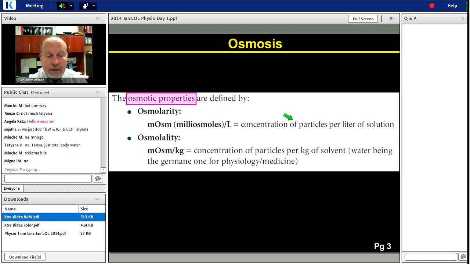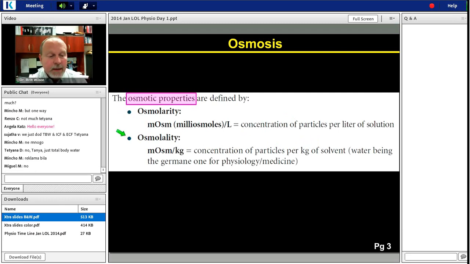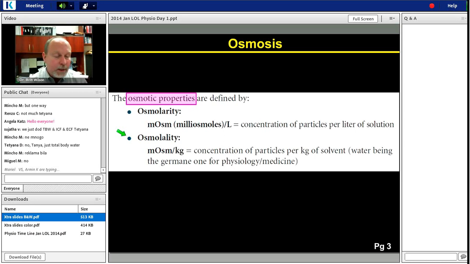Osmolarity is concentration of particles per liter of solution. Osmolality is concentration of particles per kilogram of solvent. Water is the main one here. So from a clinical perspective, we consider these the same. Osmolality, osmolarity, all it is doing is defining the osmotic properties.